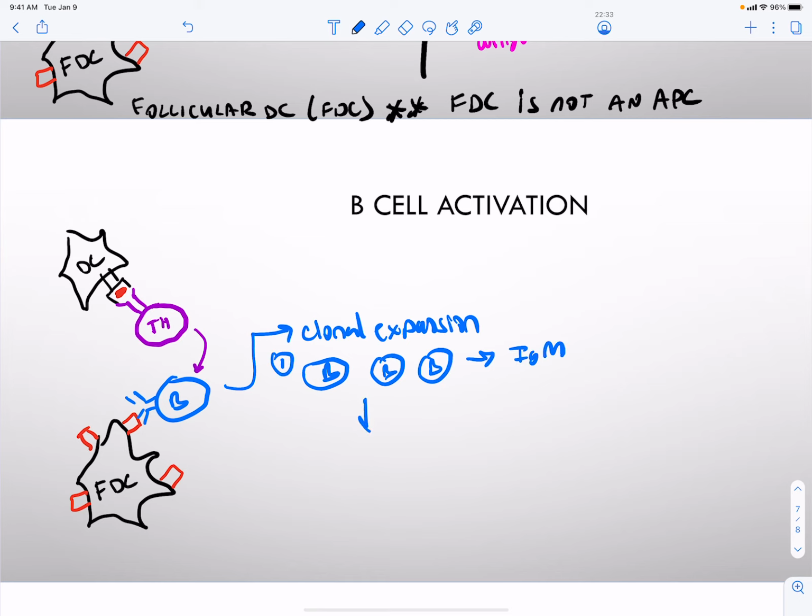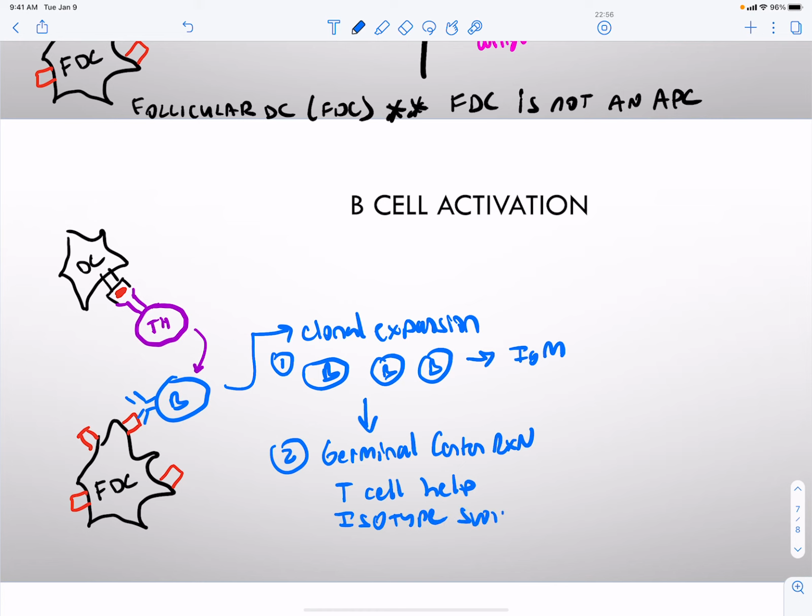Now, two, you're going to have what's called the germinal center reaction. And in the germinal center reaction is where you're going to have your T cell help. You're going to have isotype switching, and you're going to have somatic hypermutation.